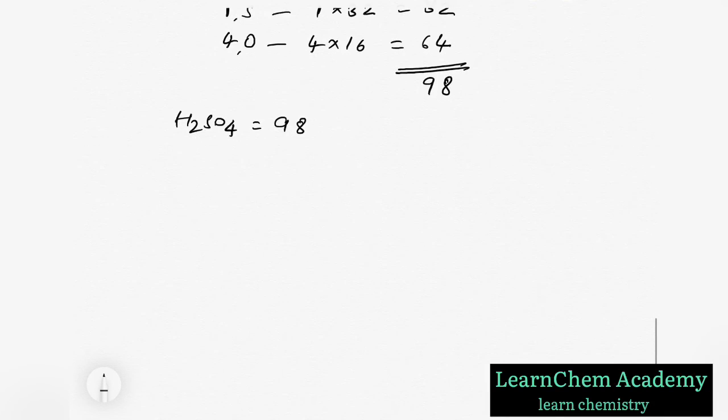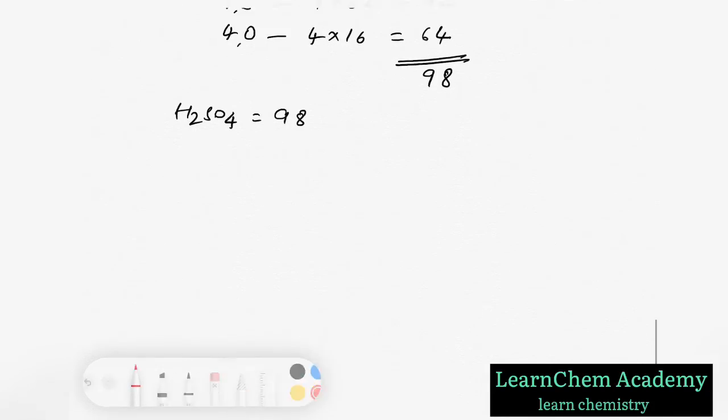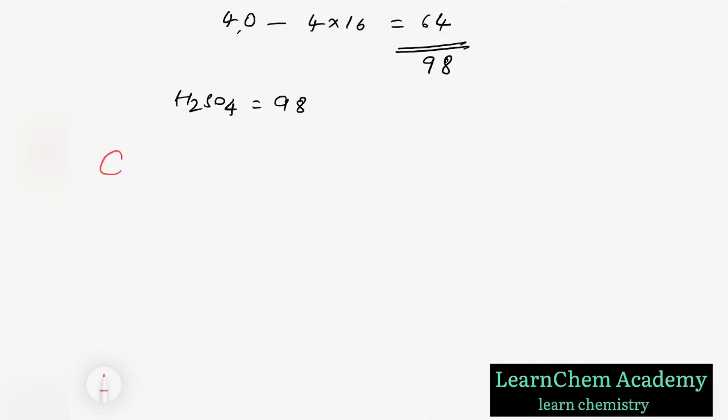Okay, so the next topic is gram molecular mass, GMM. Similarly to gram atomic mass, we can calculate gram molecular mass. When the molecular mass of a substance is expressed in grams, it is called gram molecular mass.